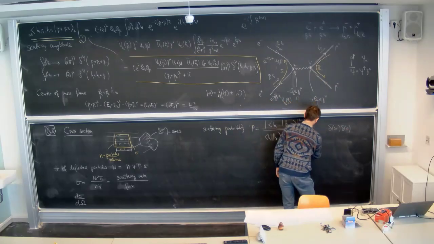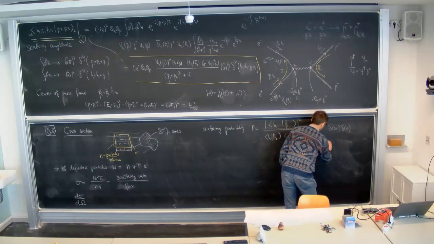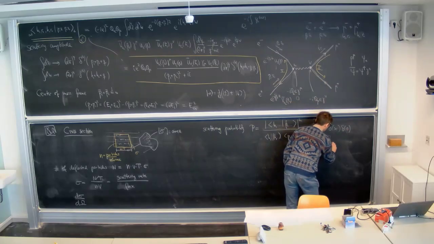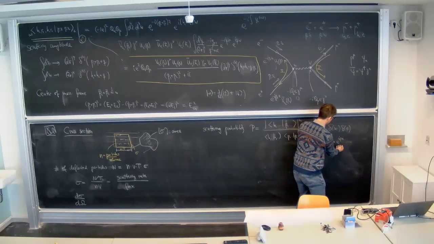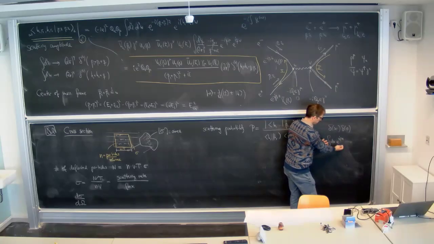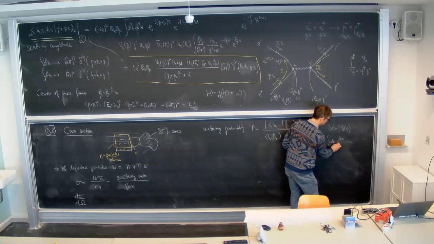And the idea was delta of 0 is an integral. So if you have this thing, this is a delta function of p. And if you have a 0, it's basically when there's a 0. So e to the 0 is nothing.